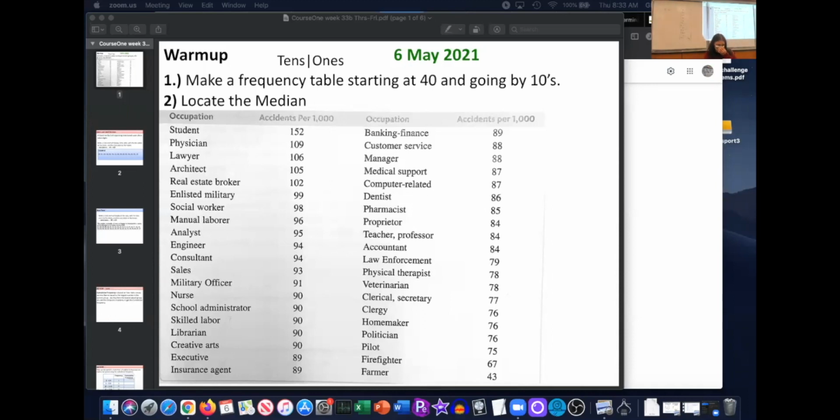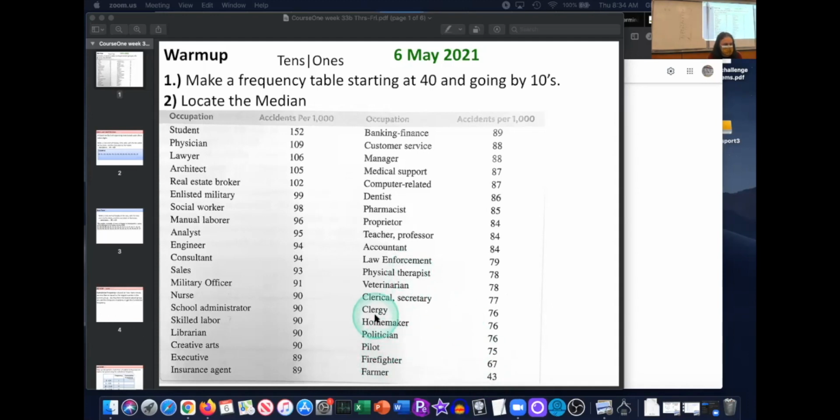Okay, so here we have some data, and this data is the number of accidents per 1,000 people based upon their occupation. So out of 1,000 farmers, 43 of them are going to have an accident on average every year.